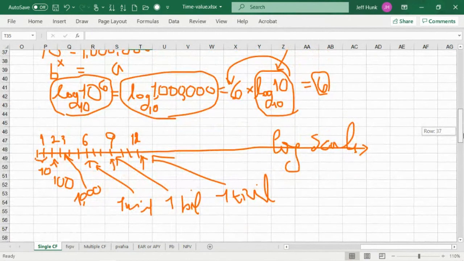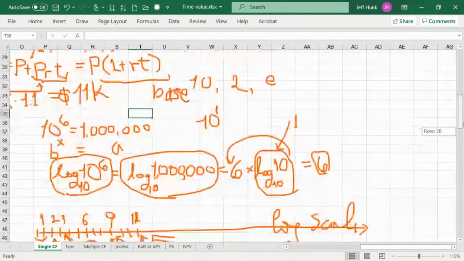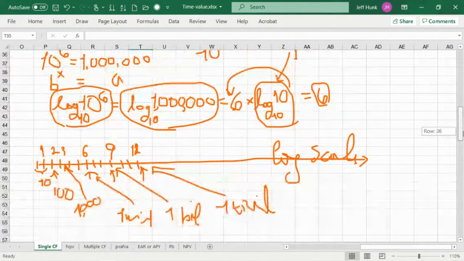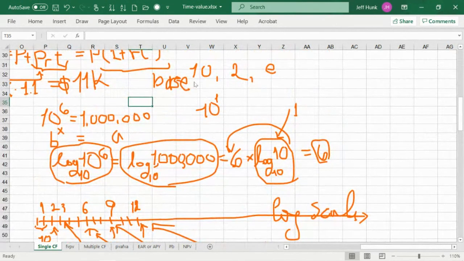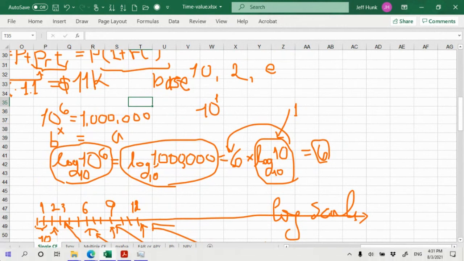As I said, there are 3 commonly used log bases: base 10, base 2, and base e. And it's not difficult to understand.